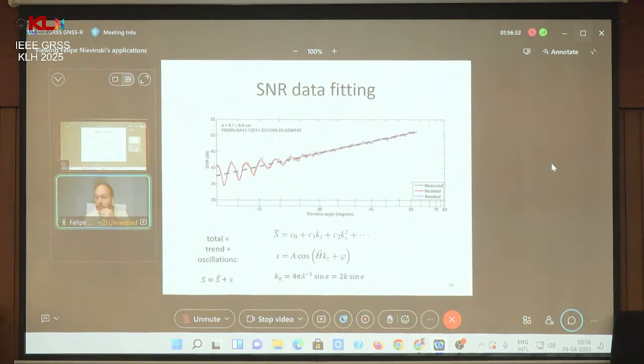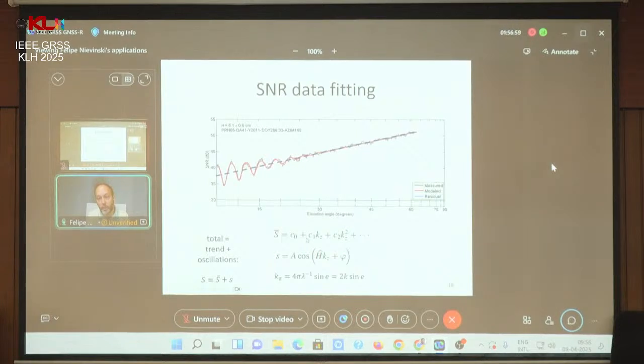If you want to do something more complicated, instead of doing it in a piecemeal fashion, as I said before, you can try to do it all at once. Fit a curve to the SNR observations, which is a sum of a trend and an oscillation.